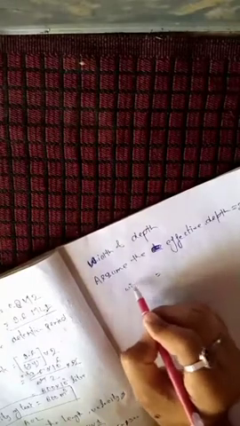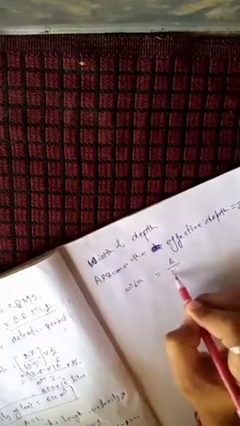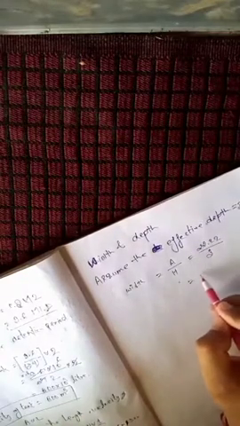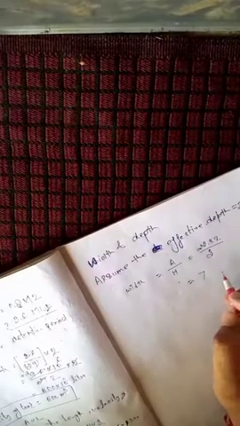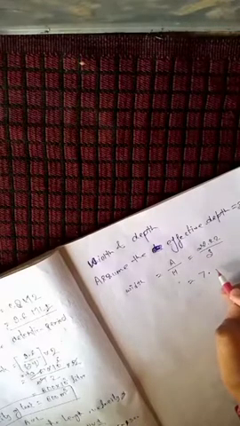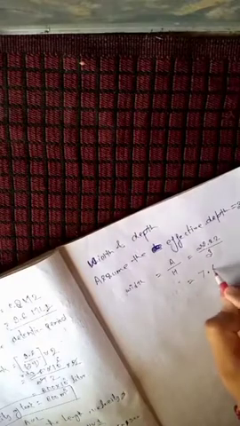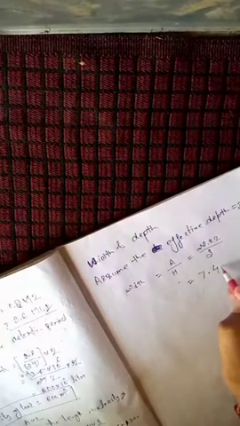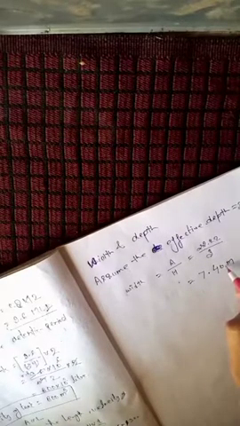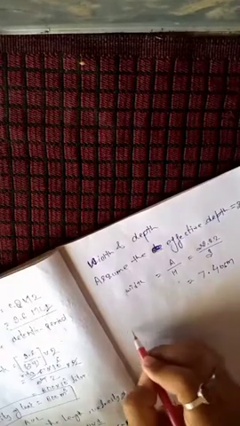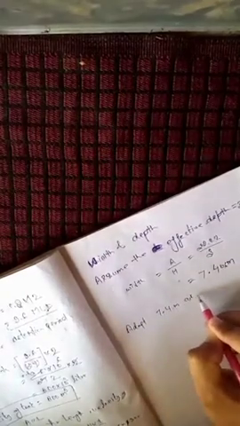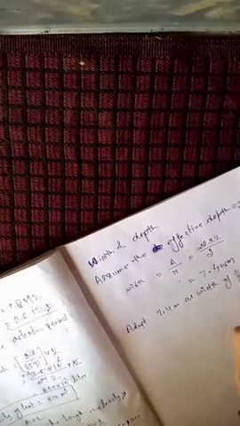Now width is equal to area divided by depth, 22.22 divided by 3, 7.40 meter. Adopt 7.4 meter as width of the tank.